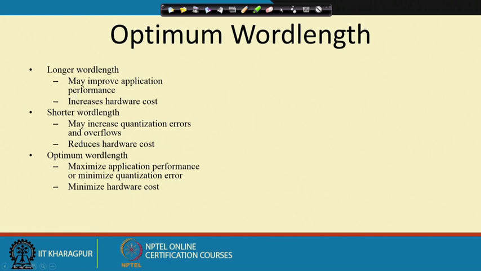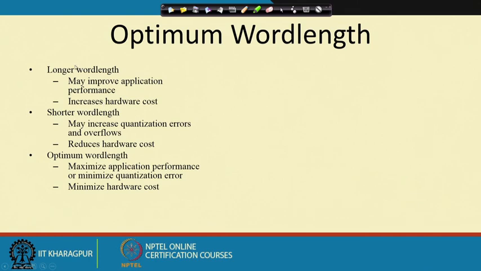But as I consider more word length, it increases the hardware cost. Not only the hardware cost, it also increases the power and degrades the speed of operation. Then again, if I choose a shorter word length, it may increase the quantization error and overflows.